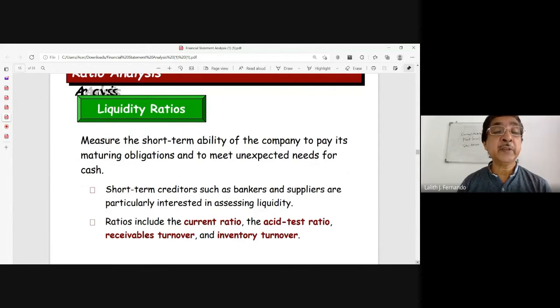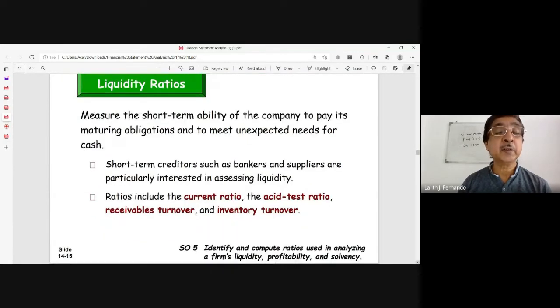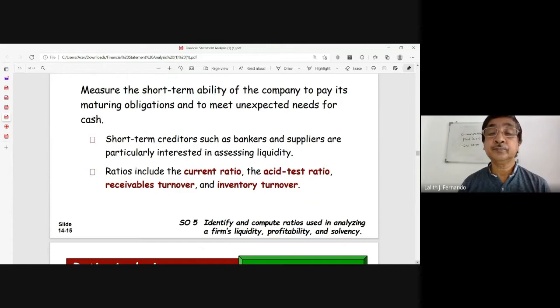Then we see what the liquidity ratios are: the short-term ability of the company to pay its maturing obligations and to meet unexpected needs for cash. Short-term creditors such as bankers and suppliers are particularly interested in assessing liquidity, because if the organization is not paying its obligations on time, then the bankers and the short-term traders would be in trouble.